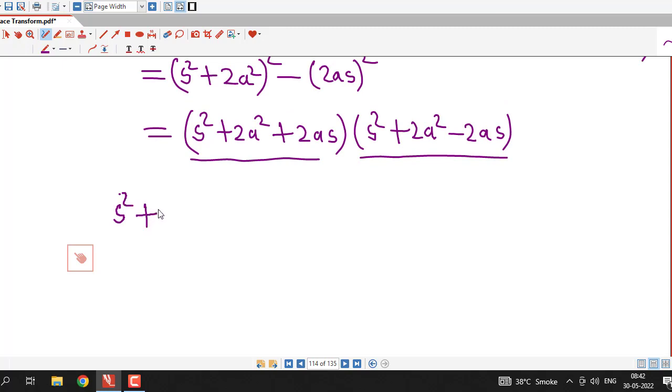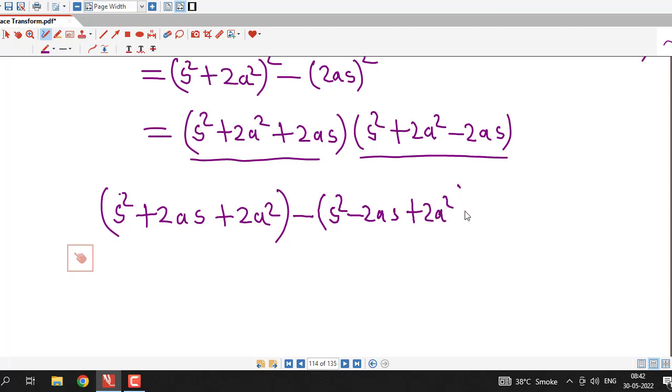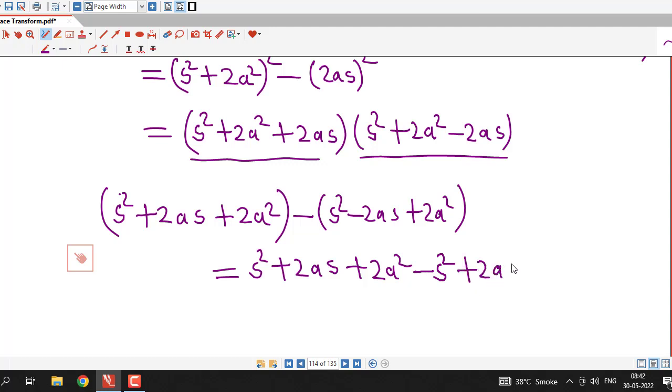If we take the difference of s square plus 2as plus 2a square and s square minus 2as plus 2a square, then this is going to be s square plus 2as plus 2a square minus s square plus 2as minus 2 times a square.